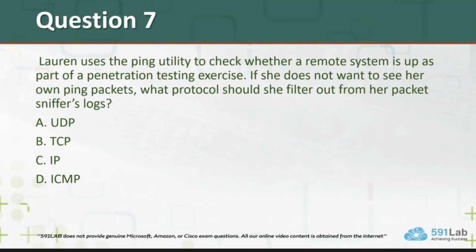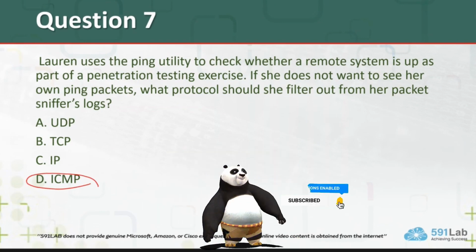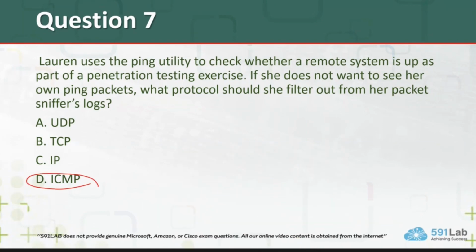The ping, or the echo, uses the ICMP protocol, Internet Control Message Protocol. This is used to determine whether a system responds and how many hops there are between the originating system and the remote system. So Lauren simply needs to filter out ICMP to not see her own ping requests.